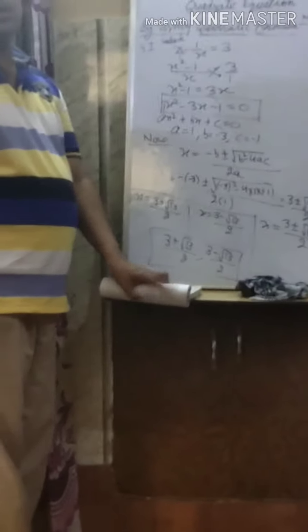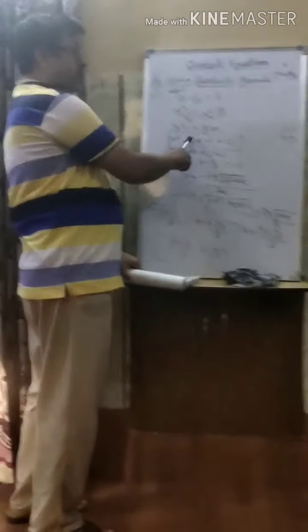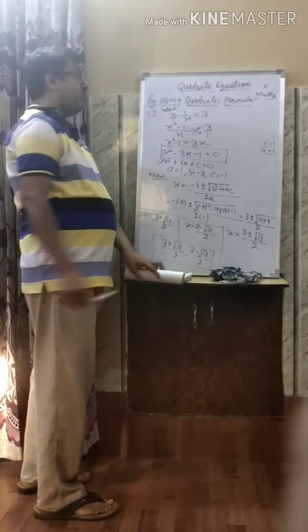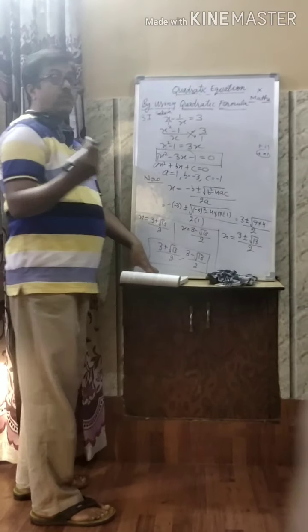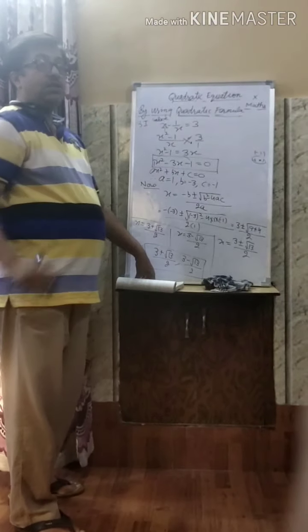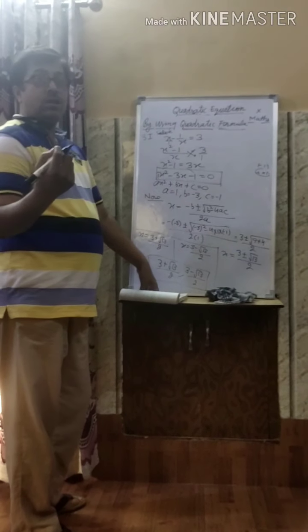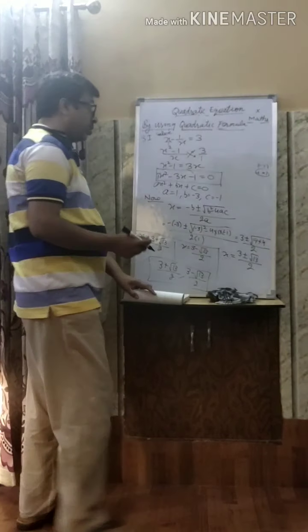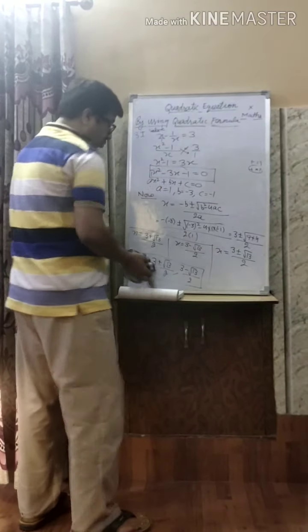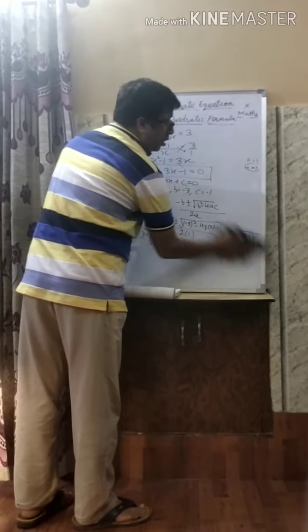These are the two roots of the given quadratic equation. So my dear students, if any equation is there, what method will you take? First take the LCM, cross multiply, you will get the equation, then you have to solve. Clear this? So one more, we'll start.